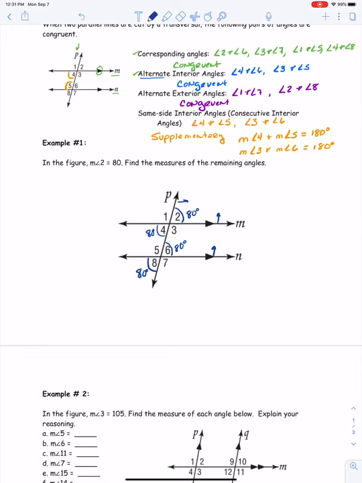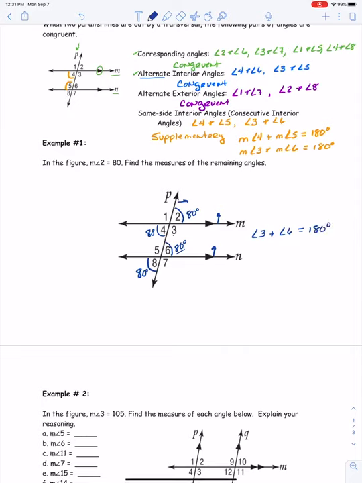So we know that angle 6 is 80 degrees. We know that angle 3 is on the same side of that transversal. So because we know that 6 and 3 have to equal 180 degrees, angle 3 plus angle 6 has to equal 180 degrees.